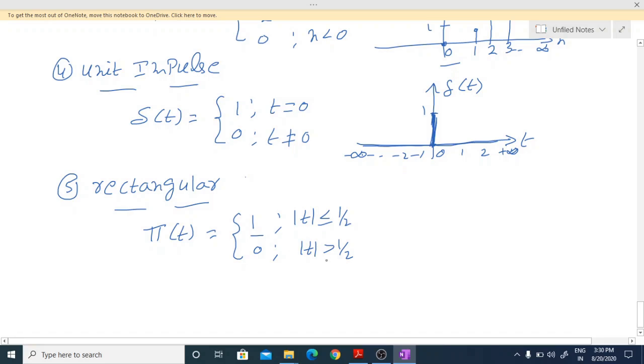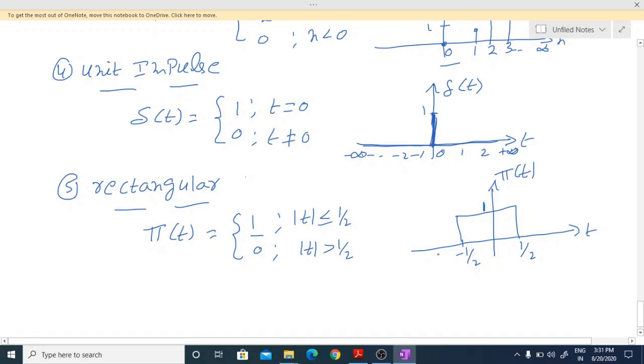If it is greater than 1 by 2, then the value is 0. And in the signal, with the values minus 1 by 2 and plus 1 by 2, if t is in between them, then the amplitude is equal to 1.